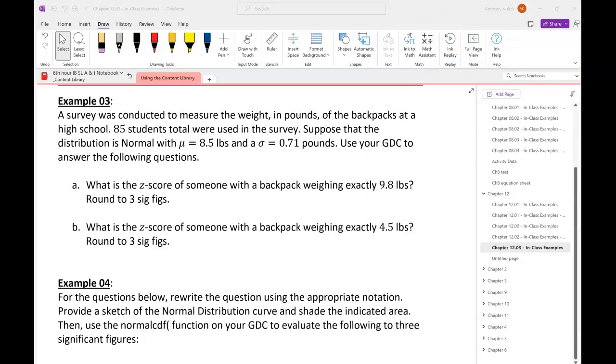A survey was conducted to measure the weight in pounds of the backpacks at a high school. 85 total students were used in the survey. Suppose the distribution is normal with a mean of 8.5 and a standard deviation of 0.71. Use your GDC. What is the z-score of someone whose backpack weighs exactly 9.8 pounds and then exactly 4.5 pounds?